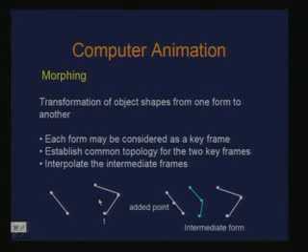How do I do it? Unless I have the same number of points and the same number of segments. So one has to establish some common topology between them before you can perform an interpolation.